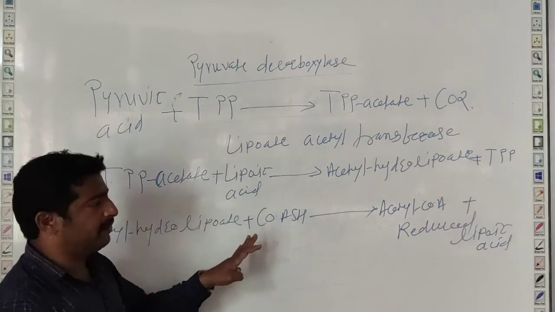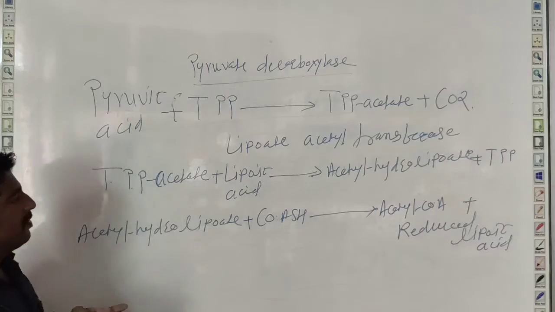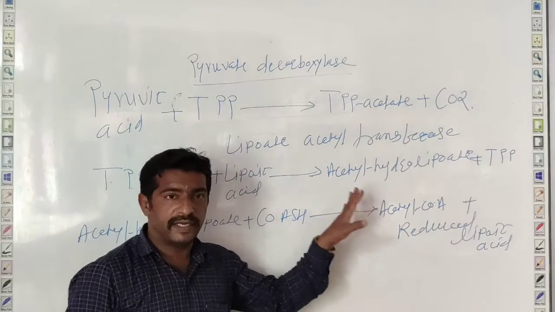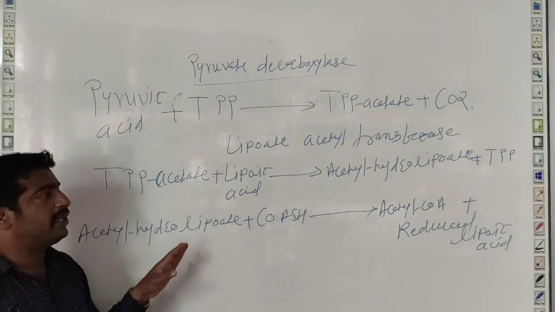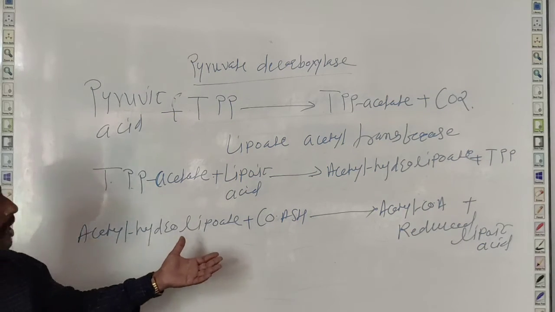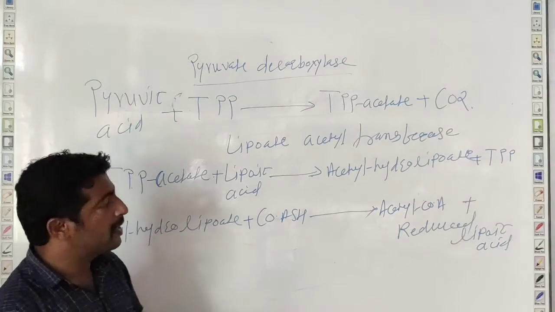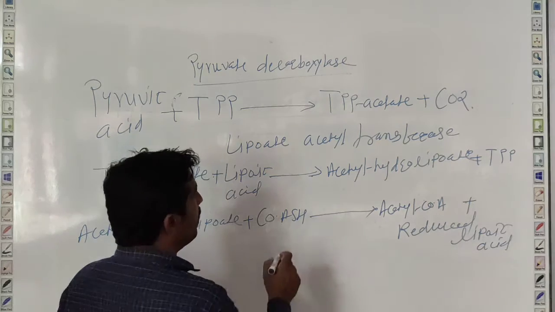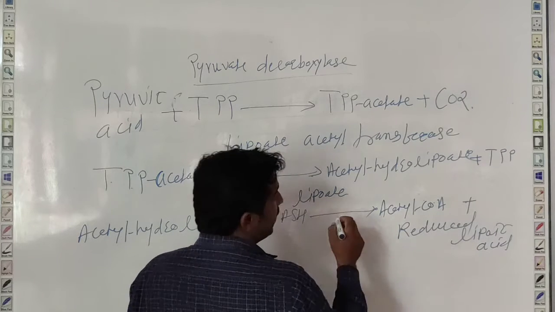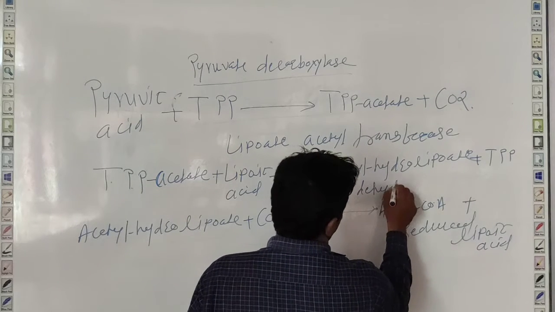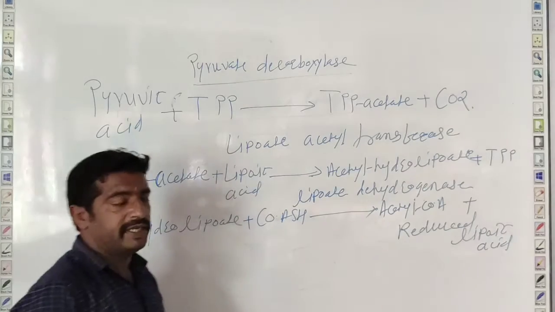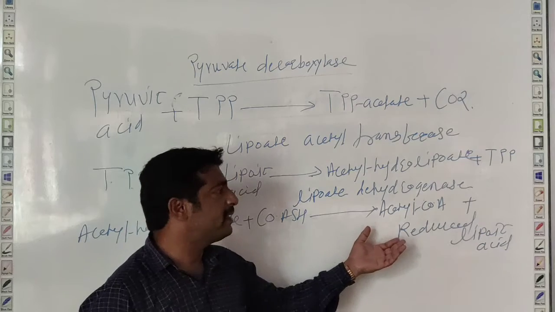Now this reaction of formation of acetyl coenzyme A, the third byproduct of this reaction of the oxidative decarboxylation of the pyruvic acid, from the acetyl hydrolipoate and coenzyme ASH, takes place in the presence of enzyme lipoate dehydrogenase. Here the acetyl coenzyme A is formed.